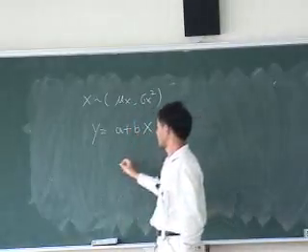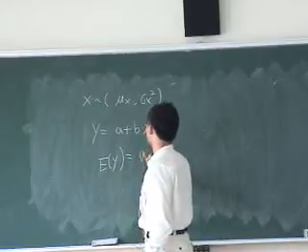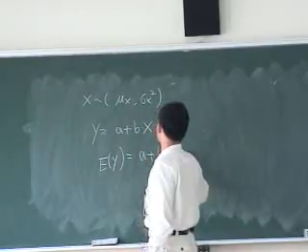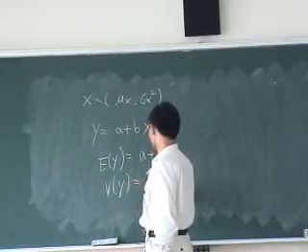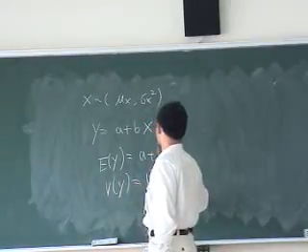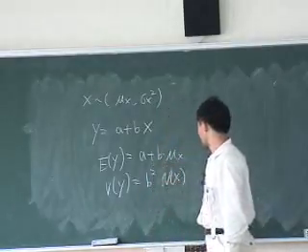So what about expectation of Y? Expectation of Y will be a plus b times mu x. What about variance of Y? b squared sigma x squared. Okay? Basically, that's the idea there.